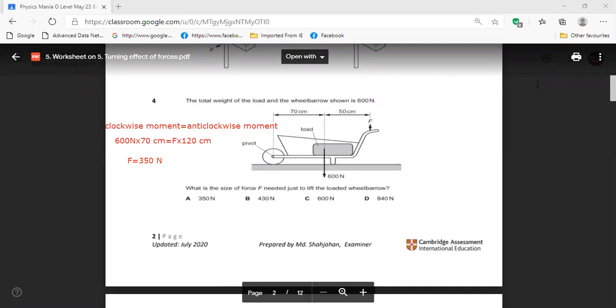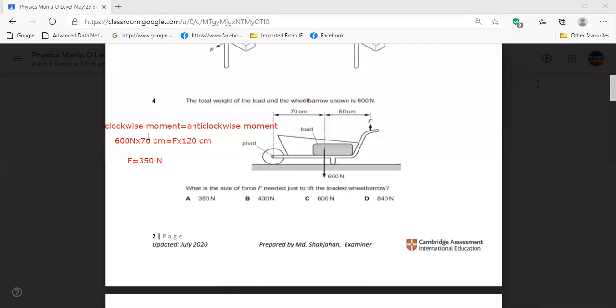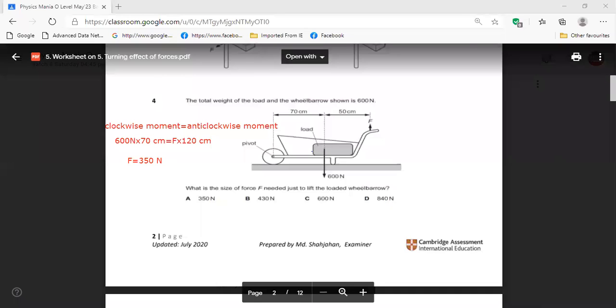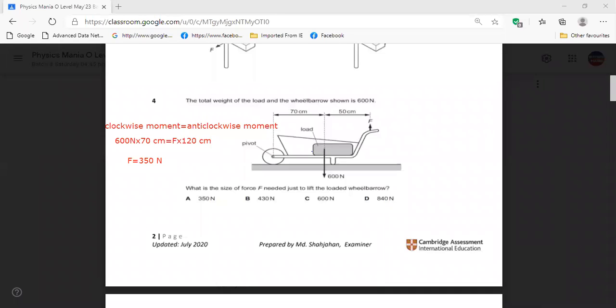Otherwise, we could use this for our resources. Let me check if I can do it from my laptop, but it will take time. No problem.